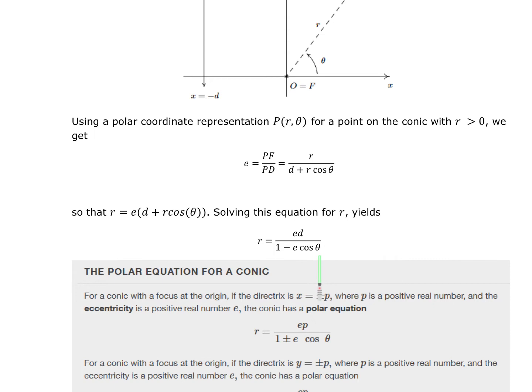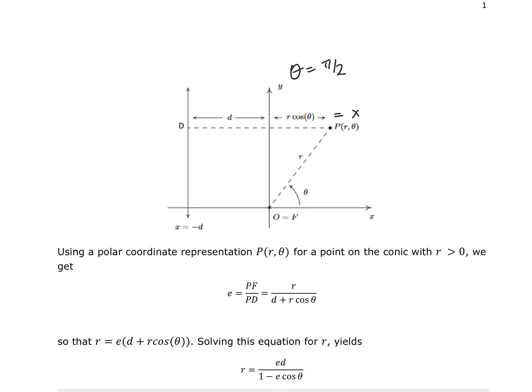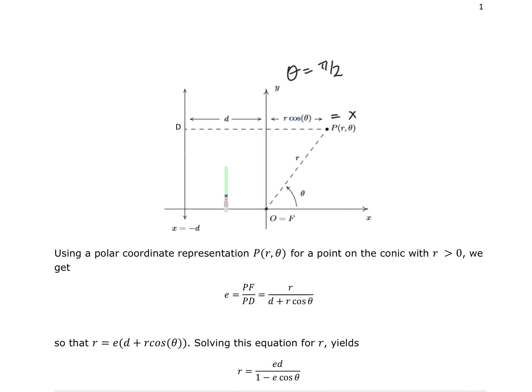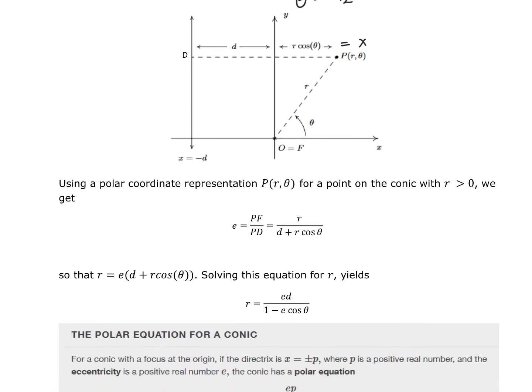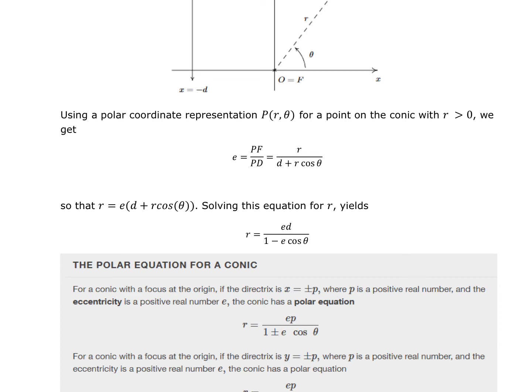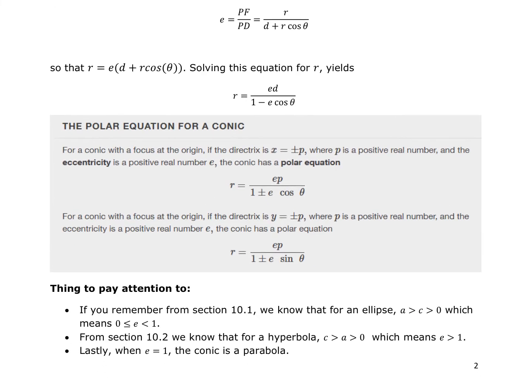Now, if my point is on the other side, on the left side of theta equal to pi over 2, then of course that changes this sign here to a positive. So we know for a conic with a focus at the origin, so if it's a conic that has two foci, then one of them has to be the origin, the directrix will be the line x equals plus or minus p, where p is a positive real number and the eccentricity is a positive real number e.